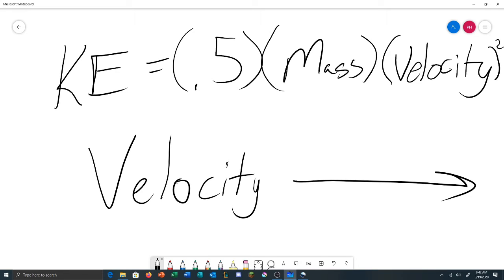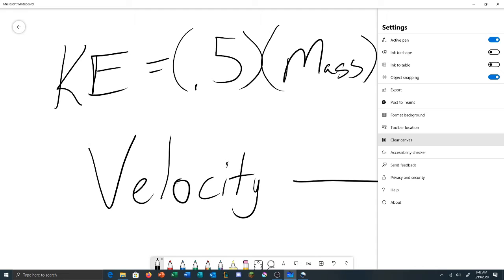That's why I use velocity instead of speed for kinetic energy, because it's a snapshot in one direction. And you square the velocity, which means the faster you go or slower you go will have a bigger effect than how heavy you are. You could weigh half the weight of someone, but be going only a quarter faster and still hit just as hard, depending on how fast you're going.